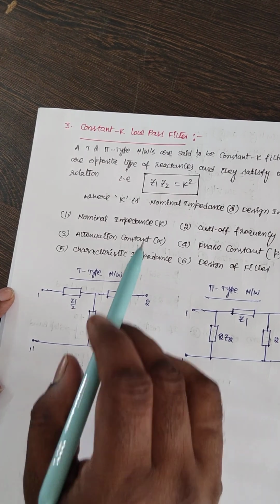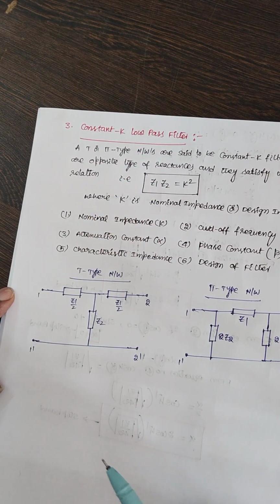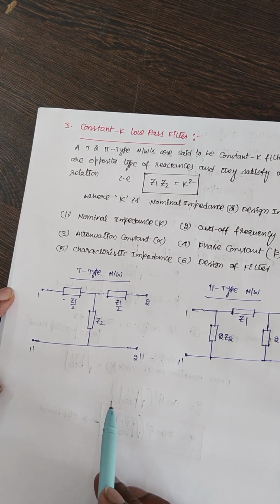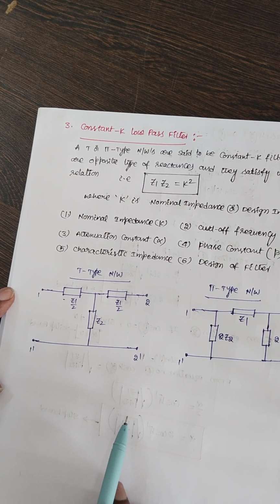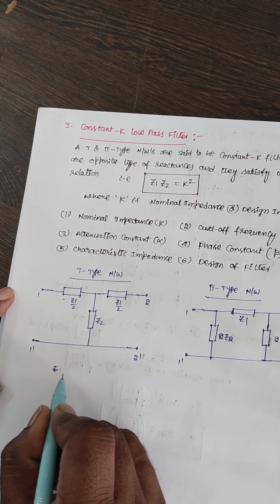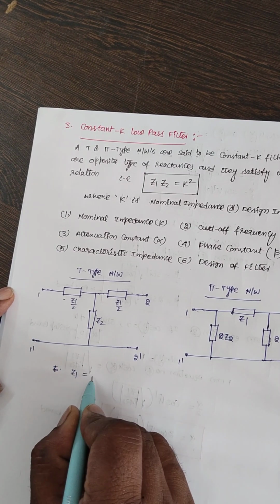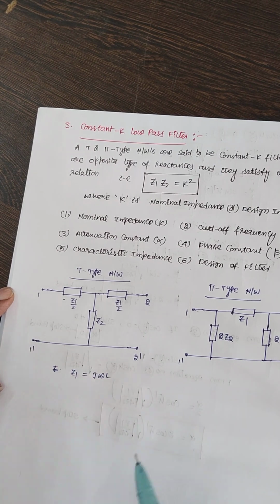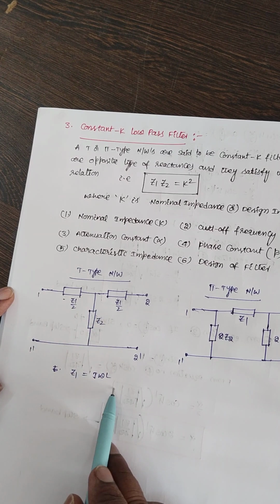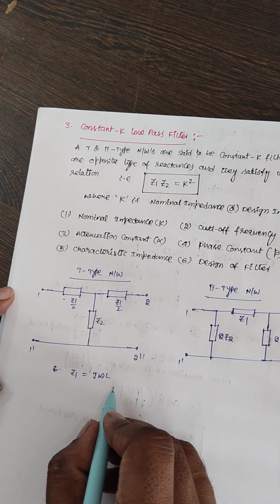So in case of low pass filter, the series branches are inductors and the shunt branches are capacitors. That we need to know. That is, Z1 is equal to J omega L. Series branches are inductances and shunt branches are capacitors.